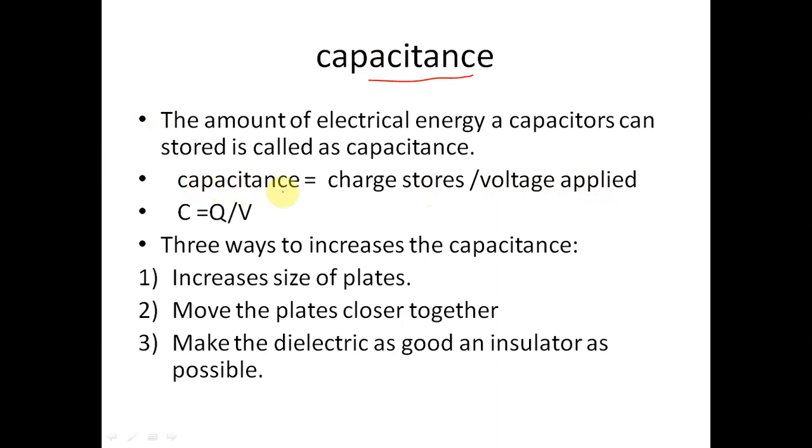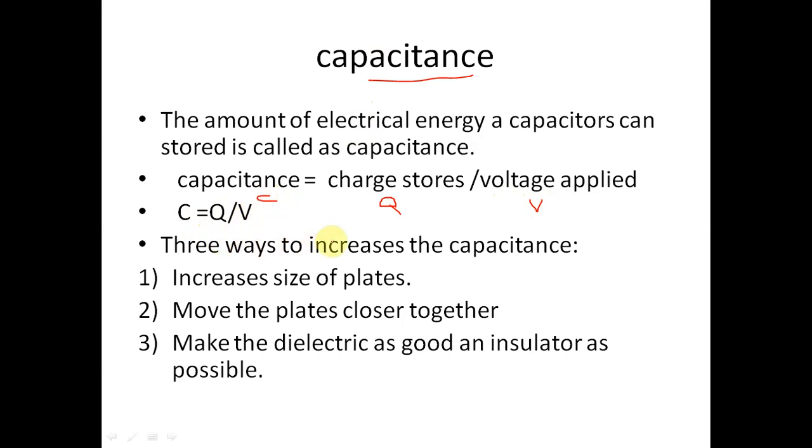Capacitance is denoted by C, charge stored is Q, and applied voltage is V. So the formula is C equals Q by V. Again, capacitance is the amount of electrical energy stored in a capacitor.